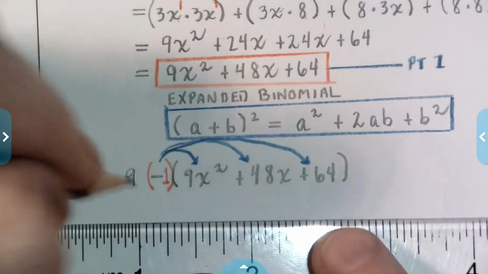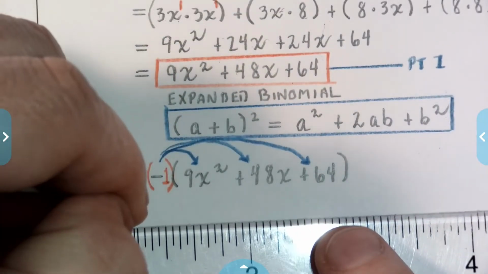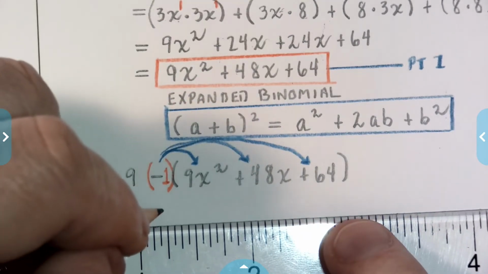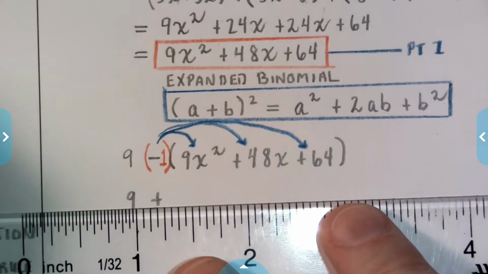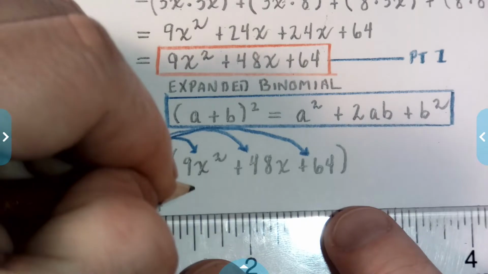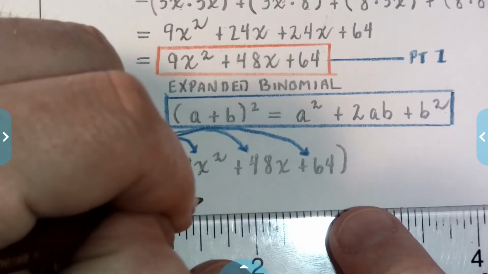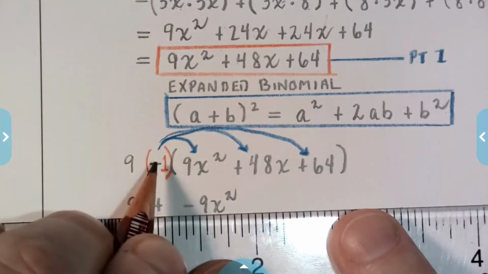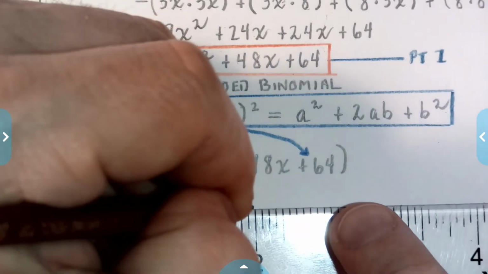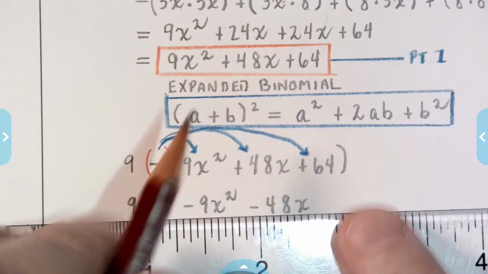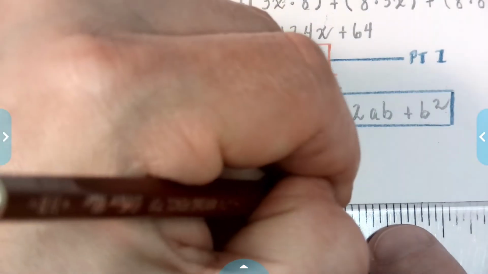So you end up with 9 plus, remember there's no such thing as subtraction, 9 plus, and then you have -9, because you've distributed the -1, -9x squared. Flip the sign as a minus 48x now. And then minus 64. Okay.